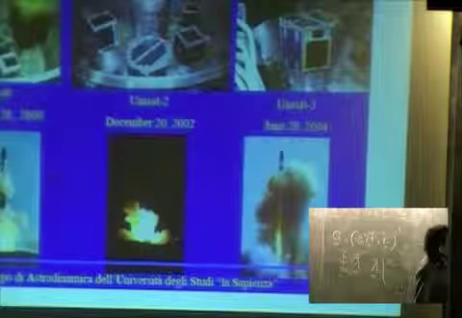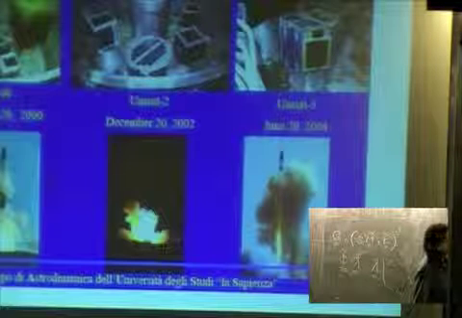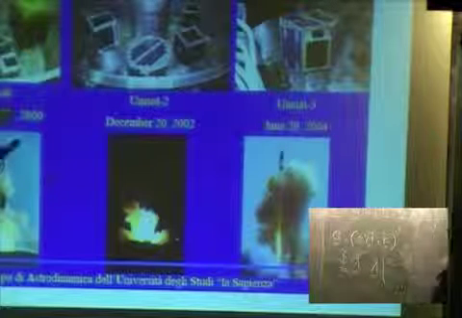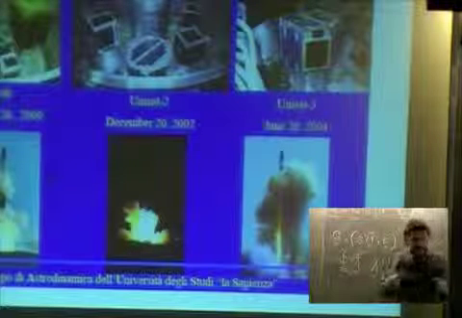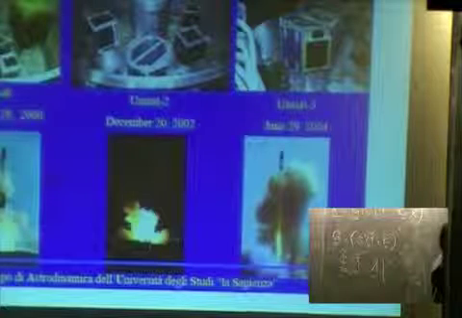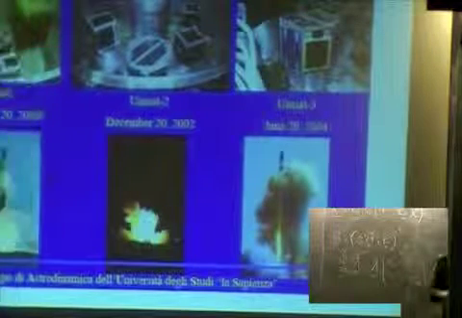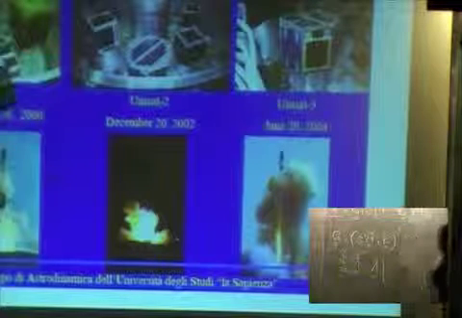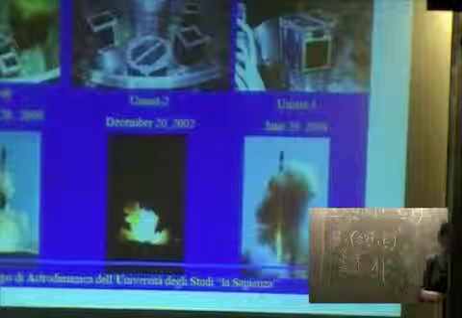Every 2 years we have a launch of satellites. You have a rocket, and inside the rocket you have satellites, as you see here. There are several floors in the rocket, and at each floor you have a number of satellites.